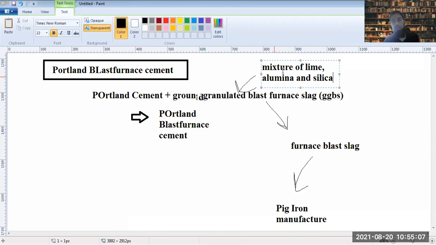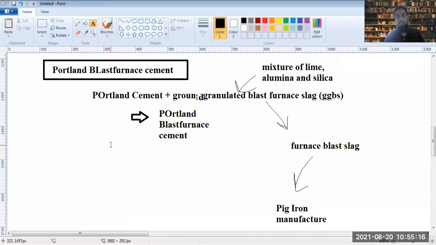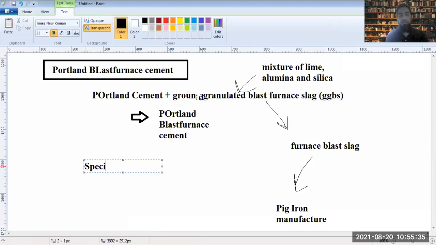That also has lime, alumina, and silica. So it's actually increasing the properties of the Portland cement. Now, the difference is that GGBS would not react initially with water. The Portland cement would, but the GGBS would help in gaining the later strength because its reactions happen after the Portland cement has reacted.